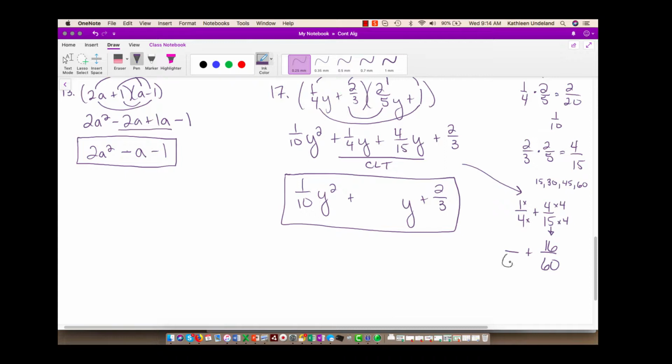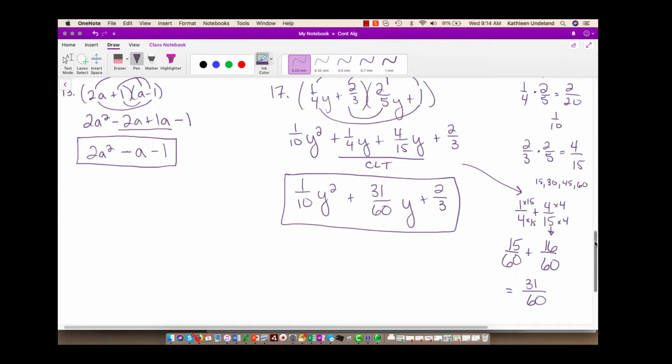To get to 60, for the 1/4 fraction, I have to take 4 times 15 to get to 60. So I have to do the same to the top. 1 times 15 is 15. Now I can finally add the tops only, and the bottom stays the same. So I actually have 31/60ths when I combine like terms.